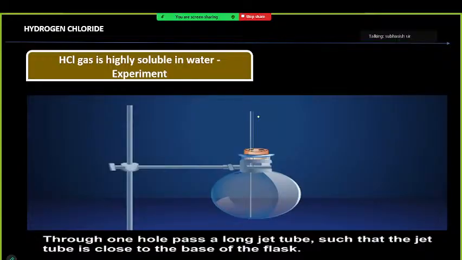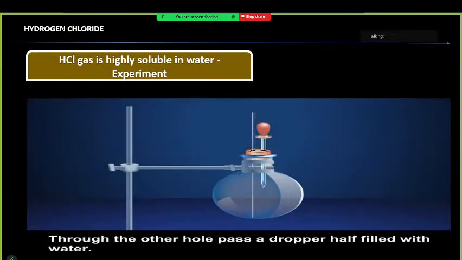Now through the first hole, a long jet tube is placed. A jet tube means a very thin type of tube, and that tube is placed up to the base of the flask. Another hole is fitted with a dropper filled with water.